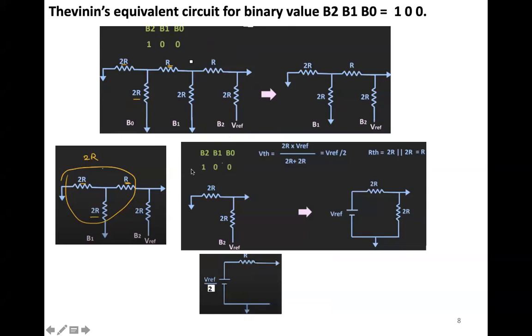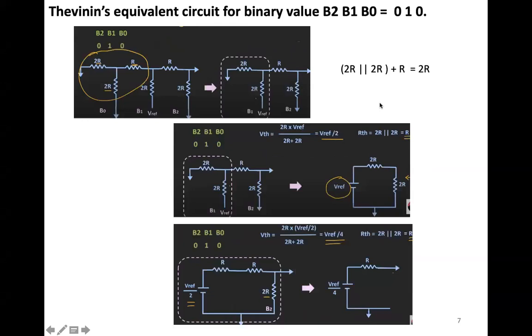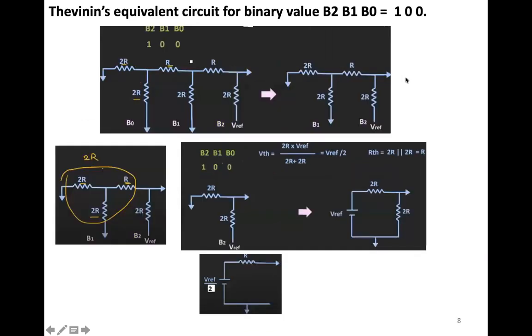This gets converted: 2R plus R, so that gets converted to 2R, R, 2R. How is it 2R? 2R parallel with 2R plus R is nothing but 2R. So that is this 2R that you're getting here, which is underlined here, 2R and plus R.